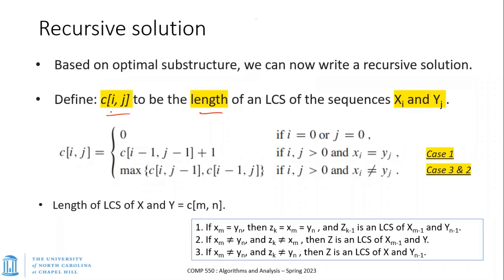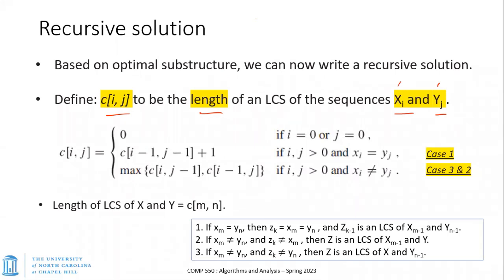Let's say we define Cij to be the length of an LCS of the sequences xi and yj. Now we're talking about the prefixes, not the original strings. We're taking a smaller prefix, which is all characters starting from the left up till i or j.